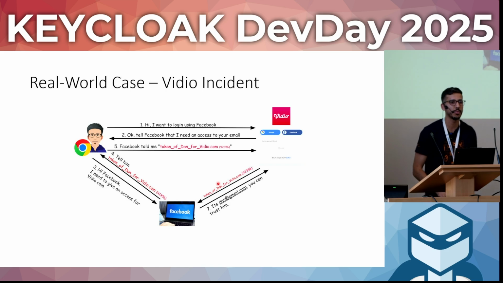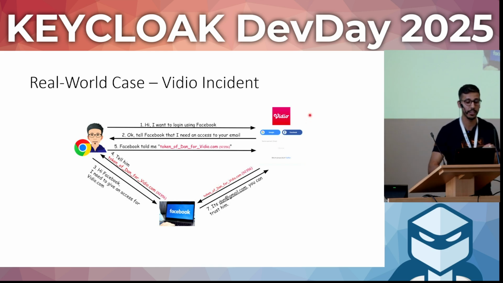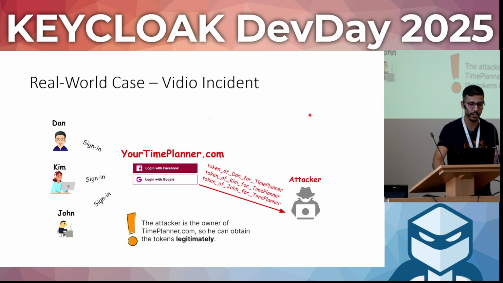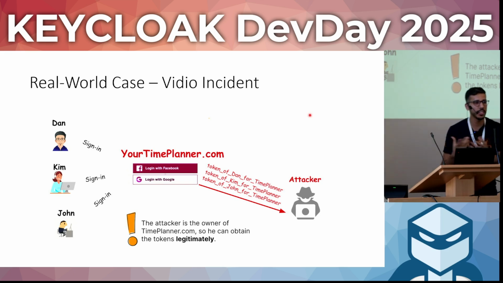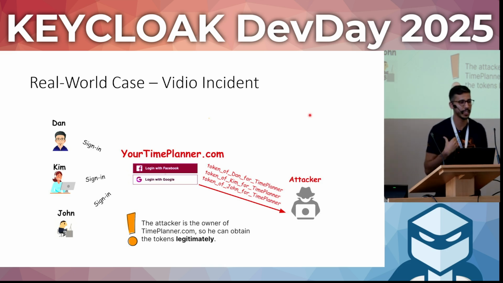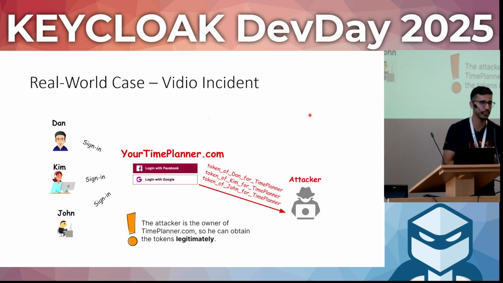The problem with this implementation is that Video doesn't check the audience. So as a result, as an attacker, I can set up my own application, also enable the login with Facebook feature, and if I manage to get users to log in to my application, this will allow me to get access tokens that represent these users.